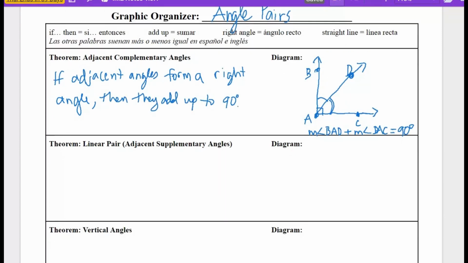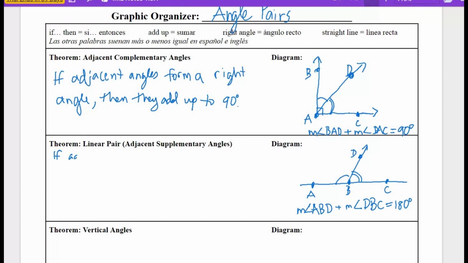Next, we have a linear pair, otherwise known as adjacent supplementary angles. Let's start with a drawing. Suppose you have angle ABC and it is a straight line. If you bisect ABC, creating angles ABD and DBC, then the measure of angle ABD plus the measure of angle DBC should equal 180 degrees.